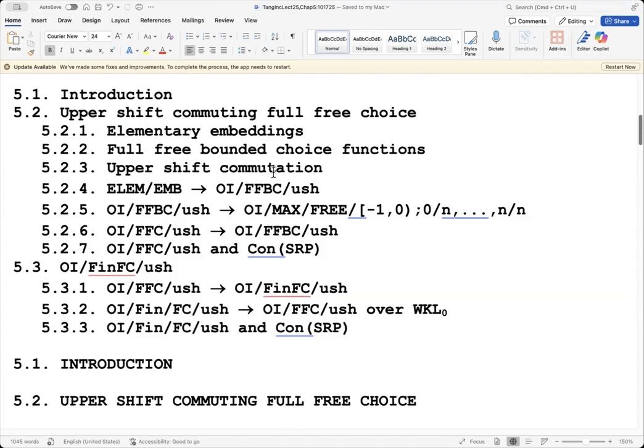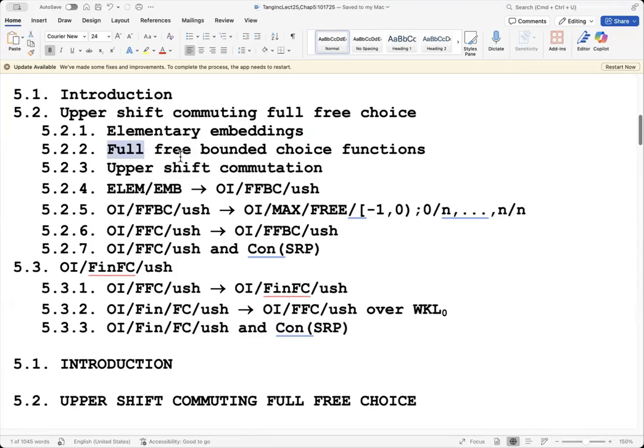So I have this concept of a free choice function that we actually did last time, and that's very familiar, kind of unchanged. But I use the word full to mean it's the total kind, because we're going to do finite forms down here, and I don't want to have certain conflicts of notation. So I have it set up here so that I use the word full to mean total.